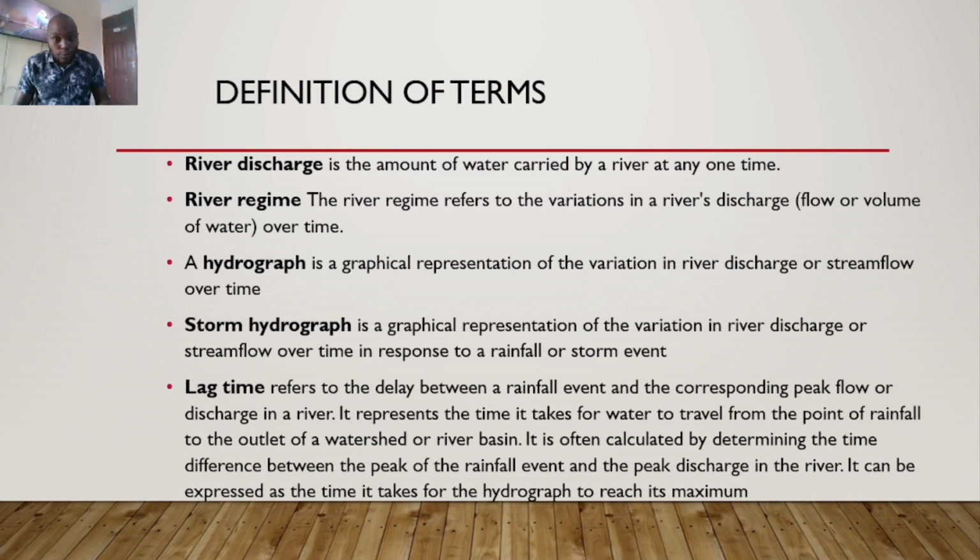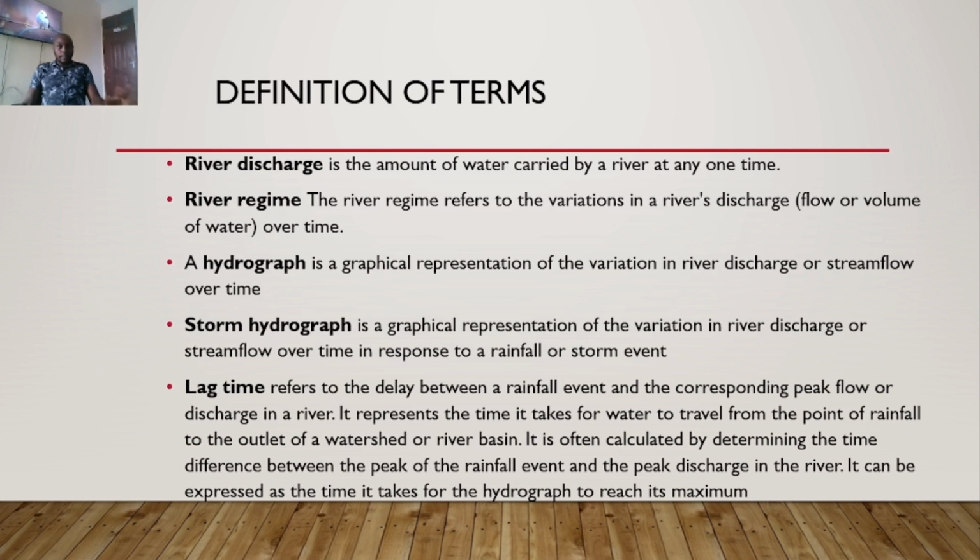Also, as rainfall is falling, there's a time where we are having the peak rainfall. Because you'll have maybe a graph, and as the rain is falling, there's a point where you'll have the peak rainfall, okay? And also there's a point where we'll be having the peak discharge in that river.